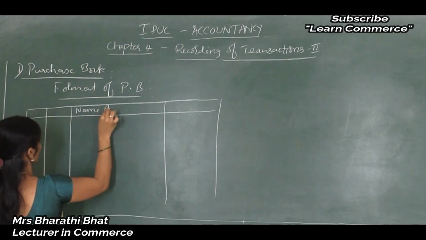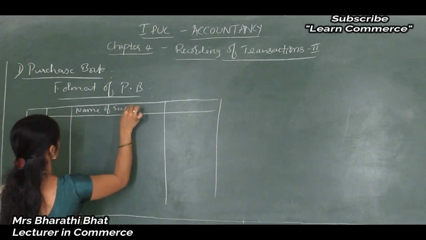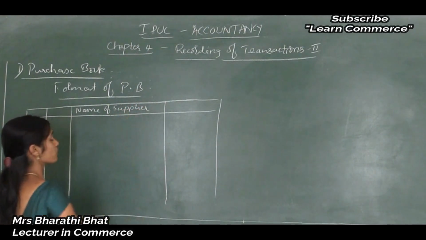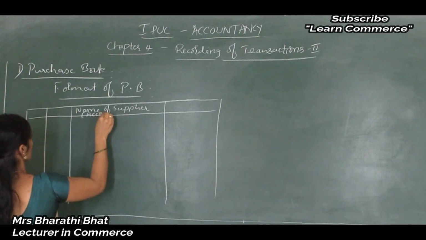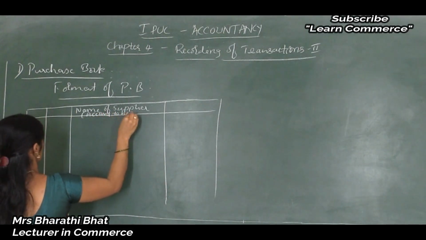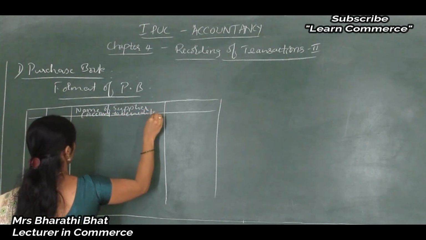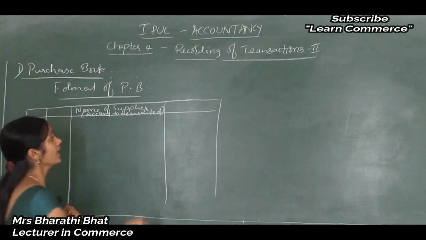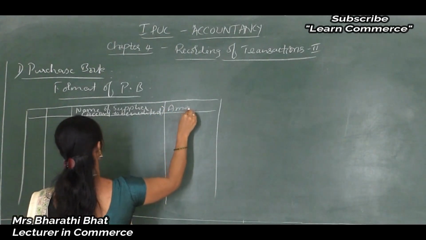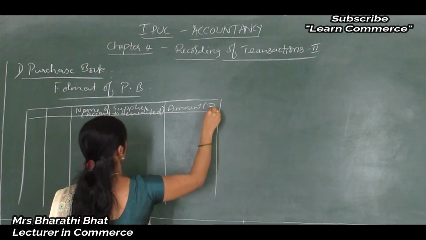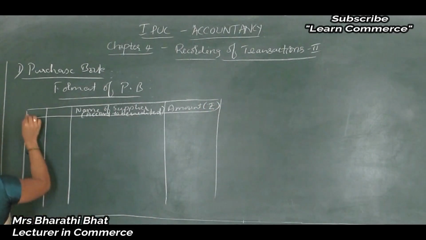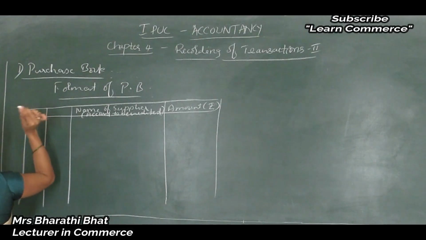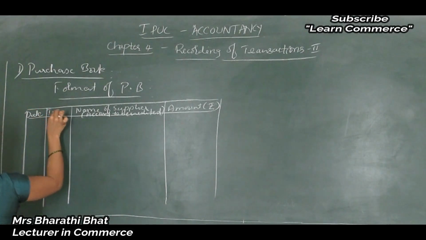Here we just mention the name of supplier, and in brackets we write account to be credited. And the next column is for amount in rupees.